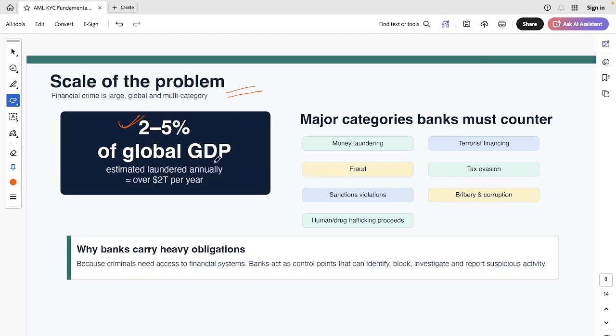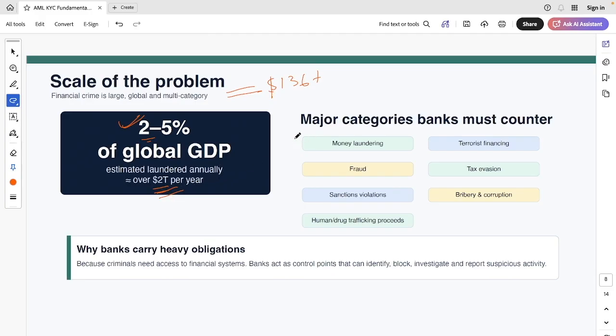I think current total GDP globally is 136 trillion USD, and even if we calculate 2% of it, it is more than $2 trillion. Over $2 trillion per year. That's a huge number. That is not pocket money. That's an entire shadow economy moving through the financial systems. And this figure is even more than the GDPs of many countries.